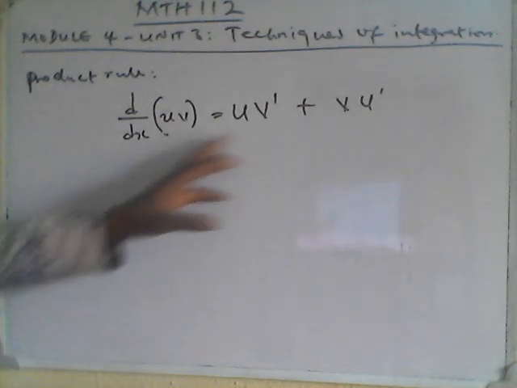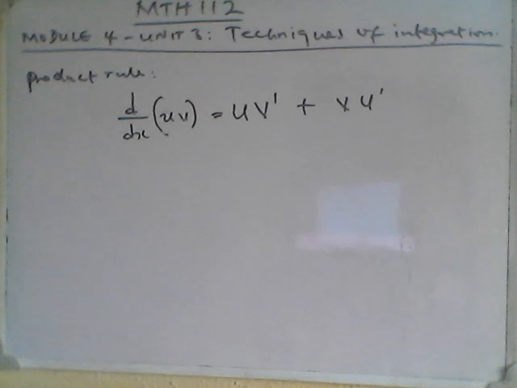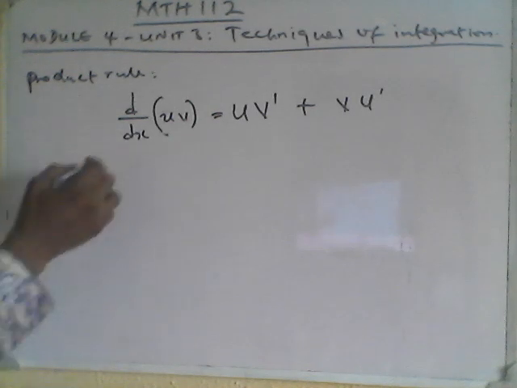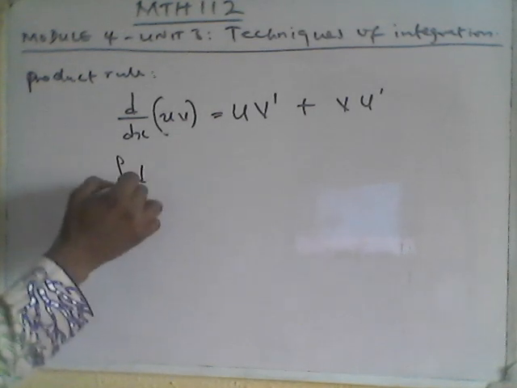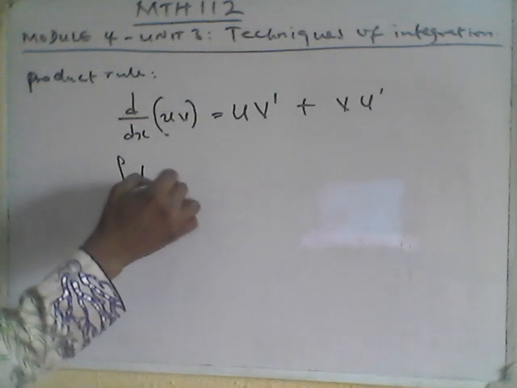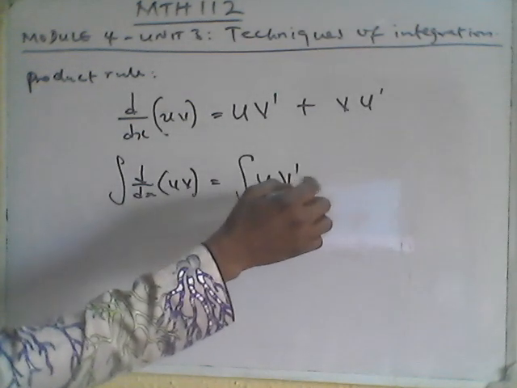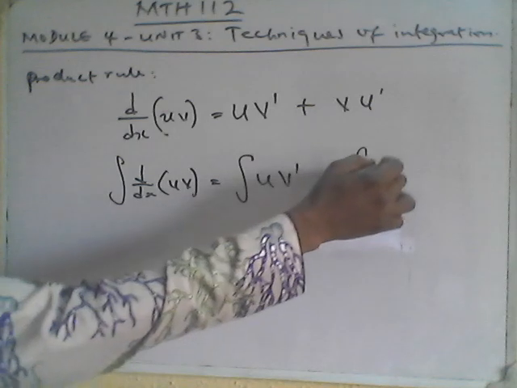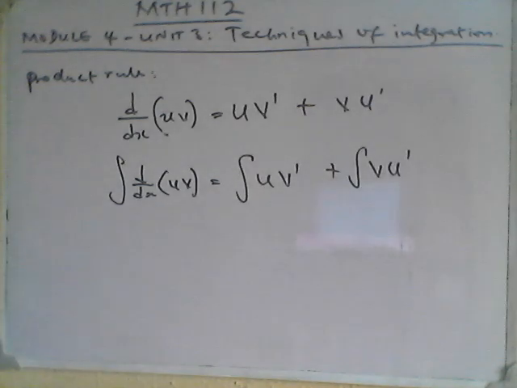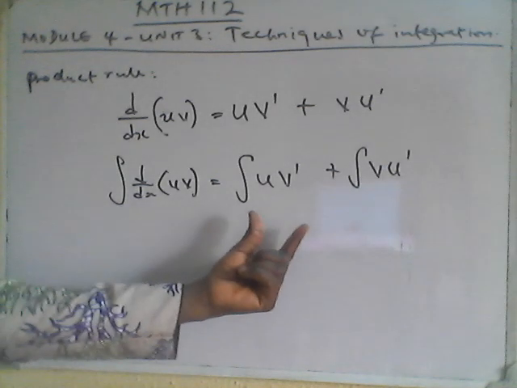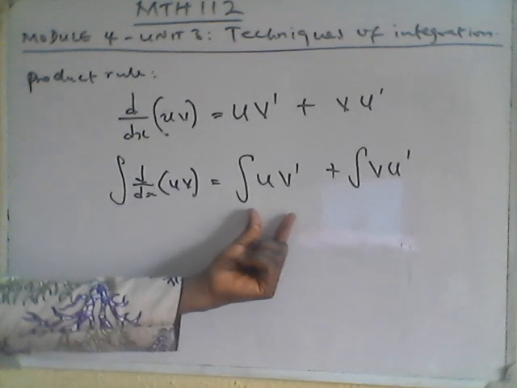That means you need to differentiate this one back to get this one. So if you rearrange this by way of integration, I put the integral of d/dx of uv, and the integral of u v prime plus the integral of v u prime. To rearrange this, I'll take this one to be the subject.